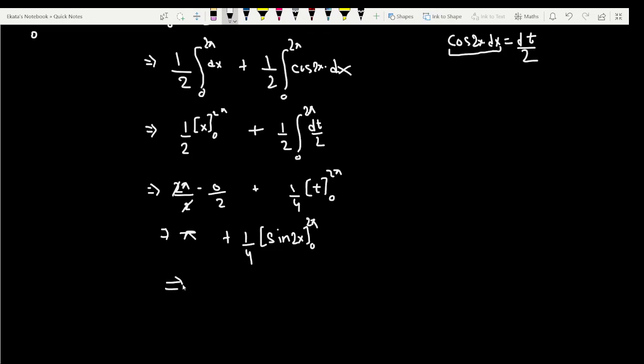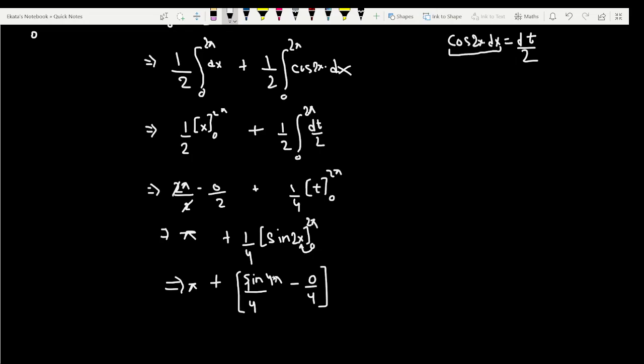After this we have pi plus 1 by 4 times sine 4 pi, putting the value of x as 2 pi, minus sine 0, because we put 0 in this expression, and sine 0 is equal to 0.